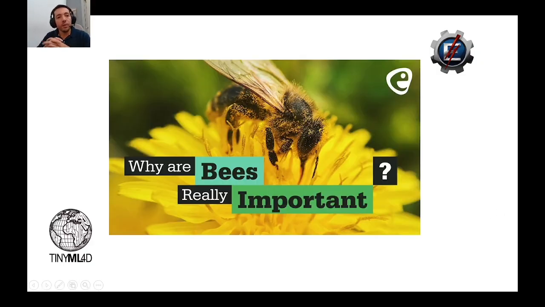Let's talk about the importance of bees. Well, bees are very important to us. The most important factor is the pollination, because bees are the most common pollinator. And the work of the bees is crucial for the reproduction of the plants.